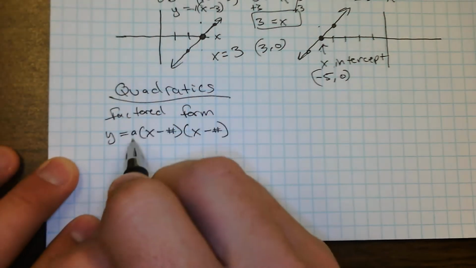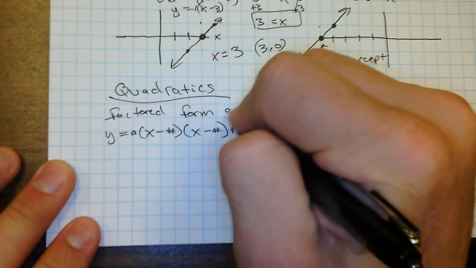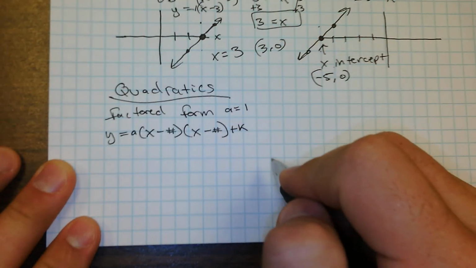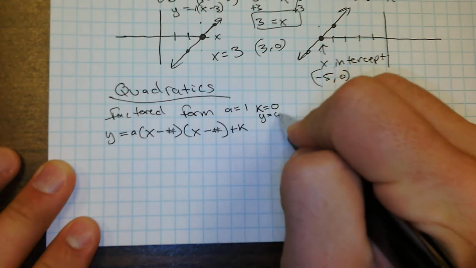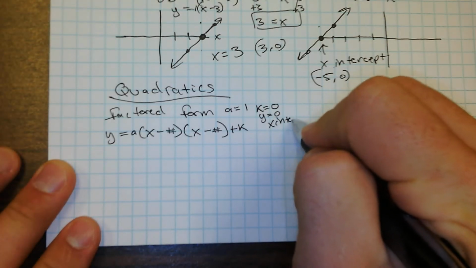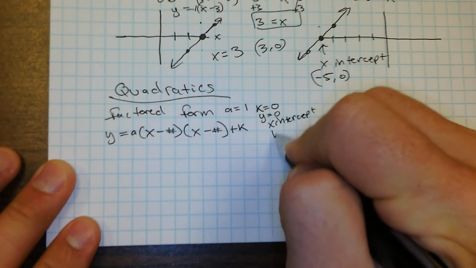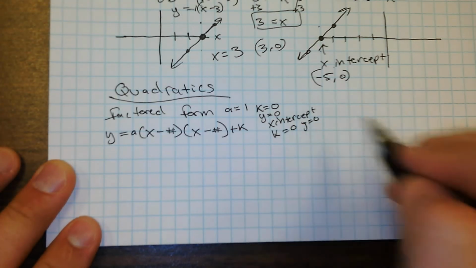And again, we have an a here and a plus k, but we're looking at where a is equal to 1 and k is equal to 0. Remember, k is y, and in order to have an x-intercept, k has to equal 0, or y has to equal 0, because they're the same thing.